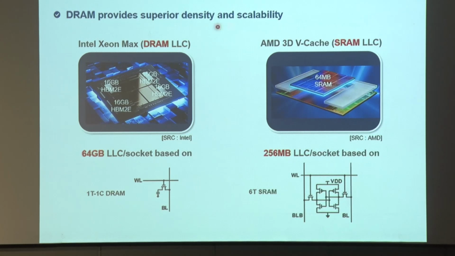The main difference between these two approaches lies in the structure of SRAM and DRAM. As shown, SRAM consists of 6 transistors to store 1 bit, whereas DRAM has a simple structure with 1 transistor and 1 capacitor. Considering the increasing number of cores, this makes DRAM more advantageous in terms of density and scalability.